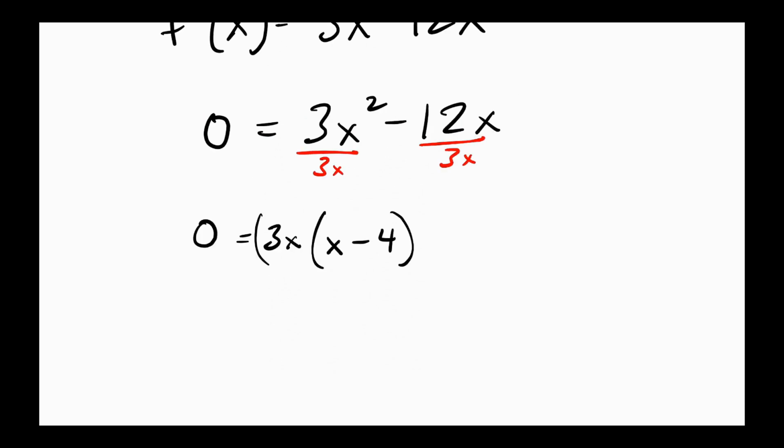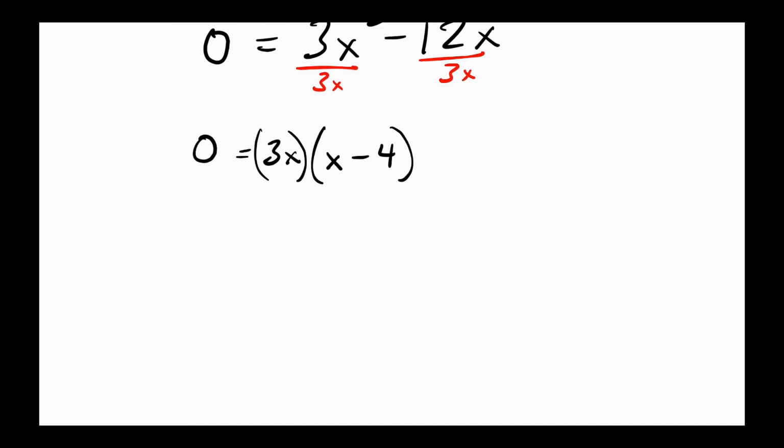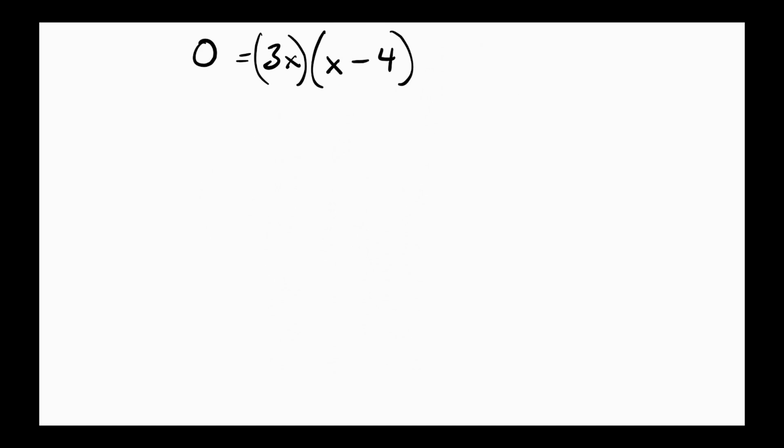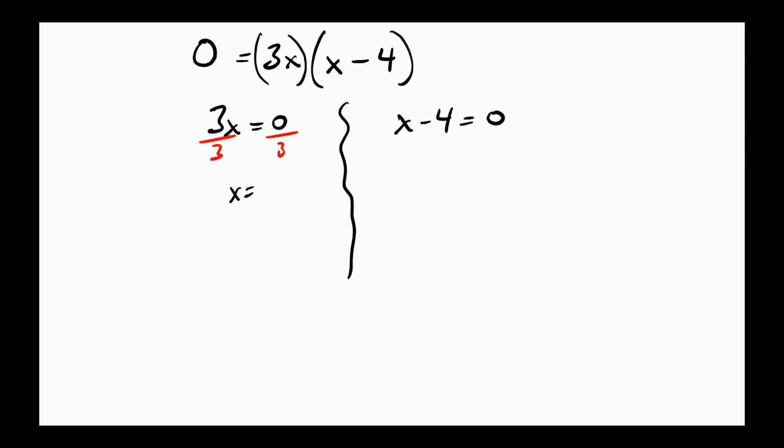If this guy times this guy equals 0, one of them has to be 0, or both of them. So zero product property says to set both equal to zero. Divide by 3. Add 4.